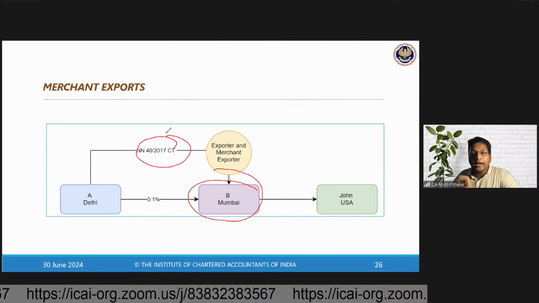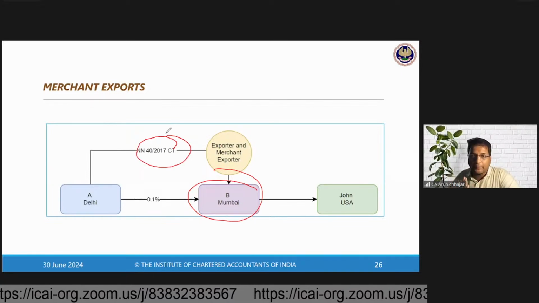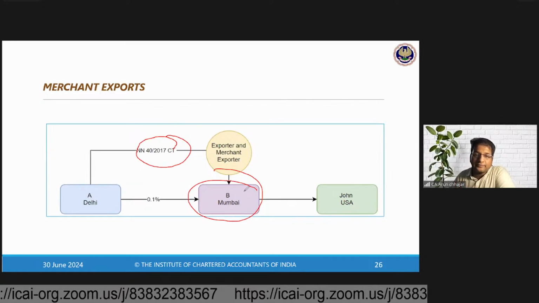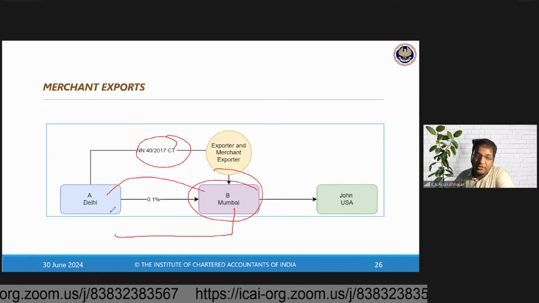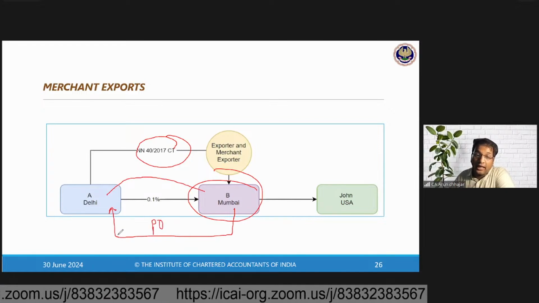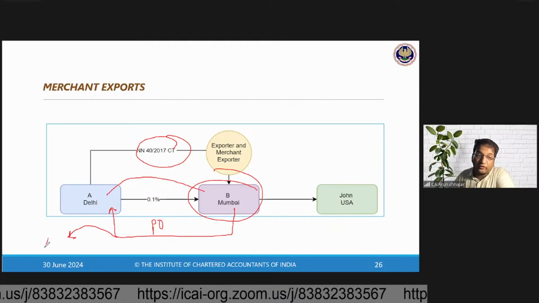What are the conditions? I am giving the brief, but you can check all these conditions given in the PPT. First, B will give the purchase order to A, and the copy of the purchase order has to be submitted to A's tax officer.